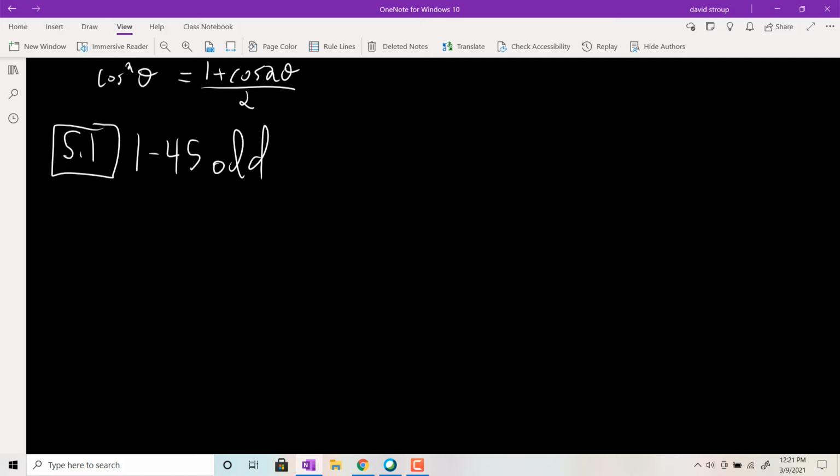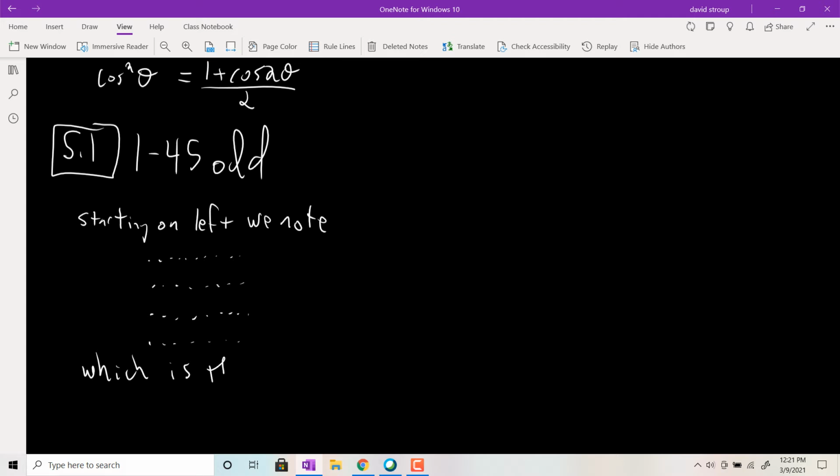The way these problems always work is you write starting on the left side or the right side, and then you prove it equals the other side. So starting on the left, we note a bunch of stuff, and then hopefully you end at the right side, or vice versa.